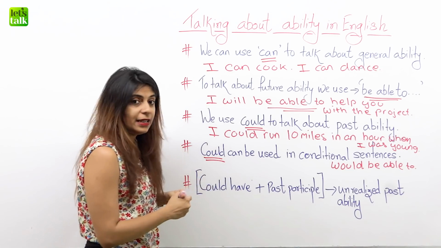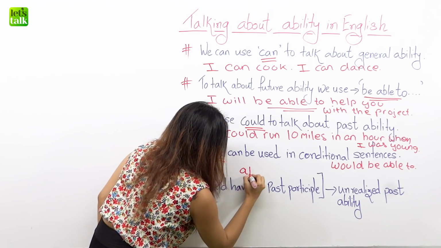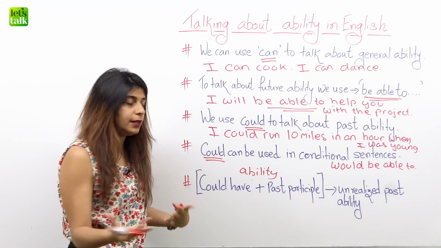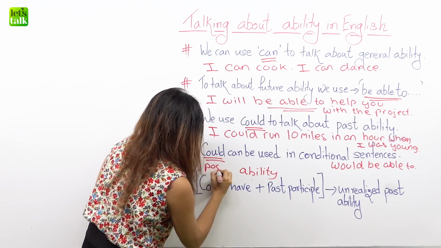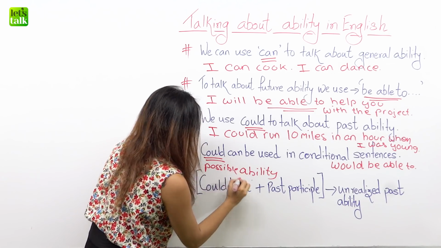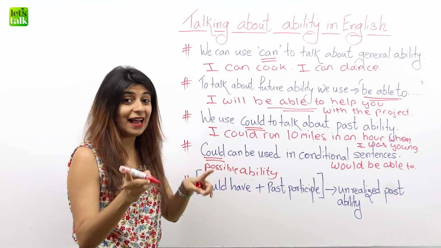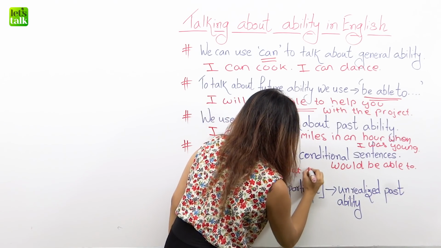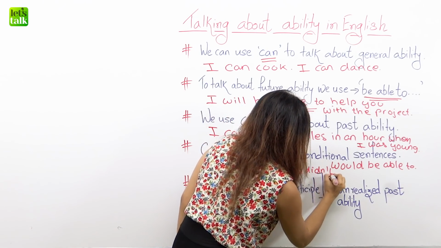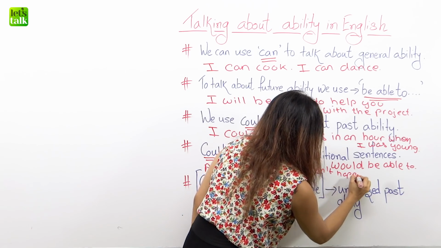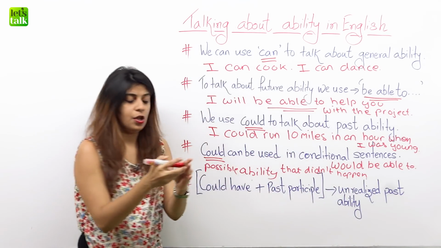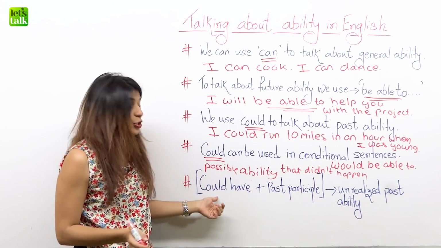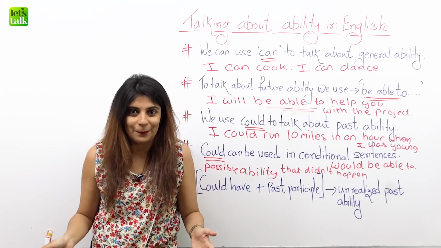So it's the ability, or I would say a possible ability that didn't happen. So for example, she was so angry at him that she could have killed him, okay?